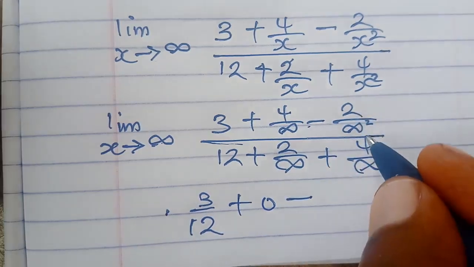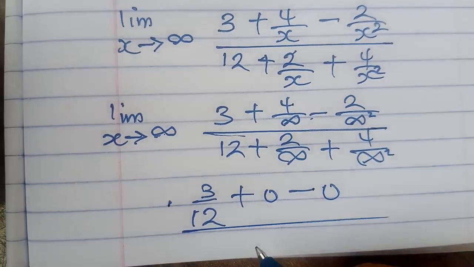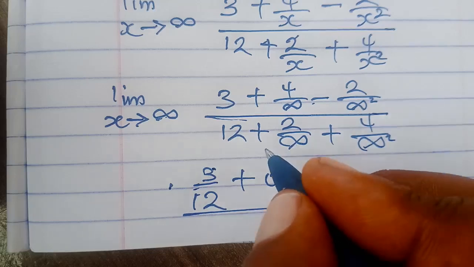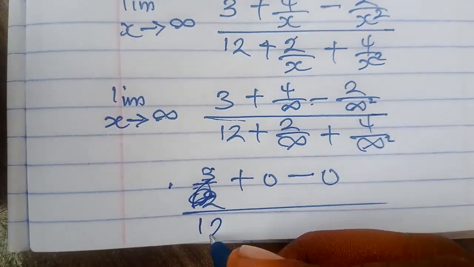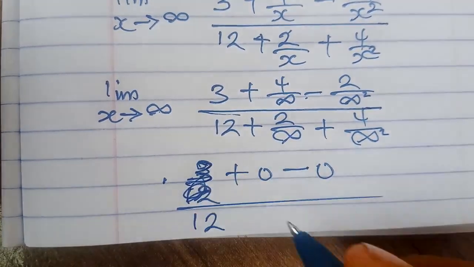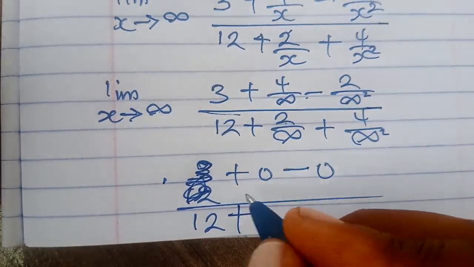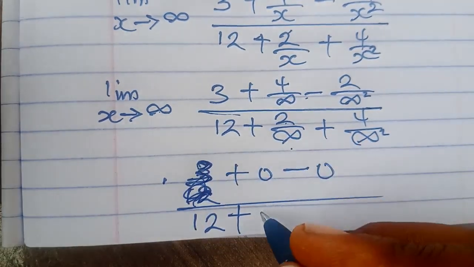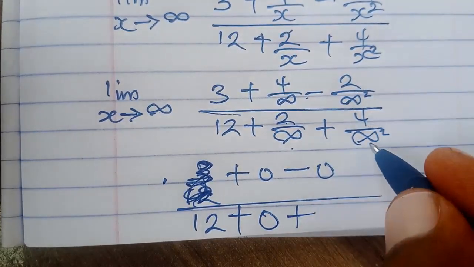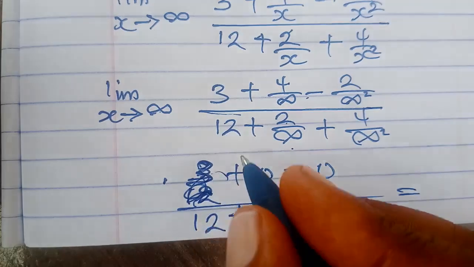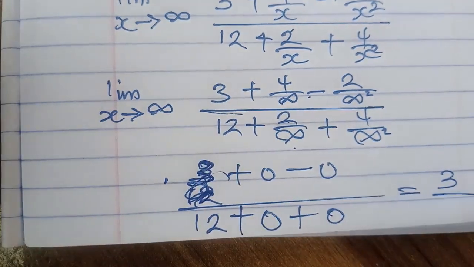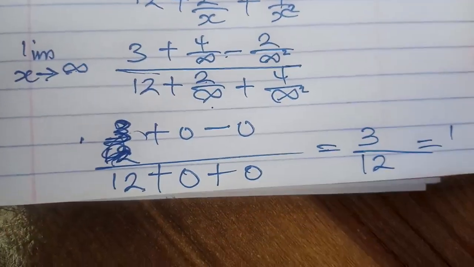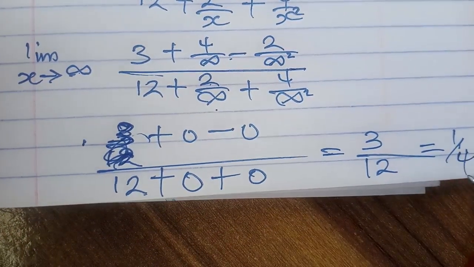Minus 2 divided by infinity squared is 0. Below, 2 over infinity is 0, plus 4 over infinity squared is also 0. So what we have on top is just 3, and what we have below is just 12, which is the same thing as 1 over 4, which is the answer.